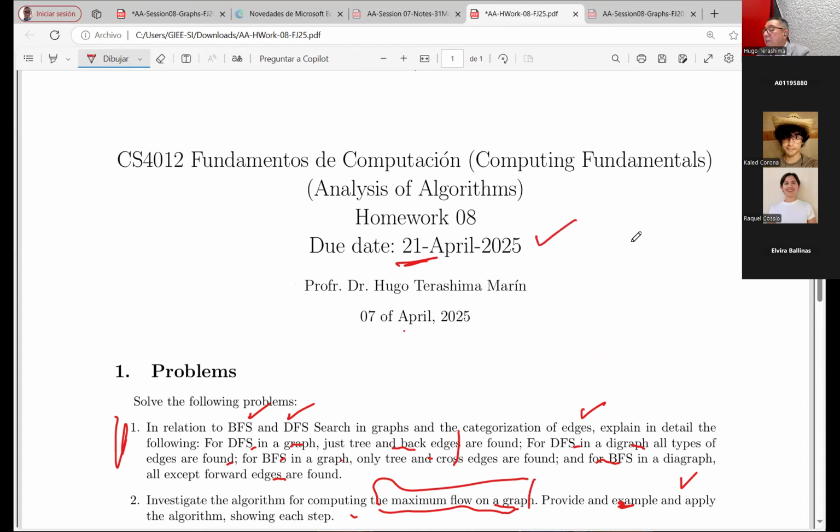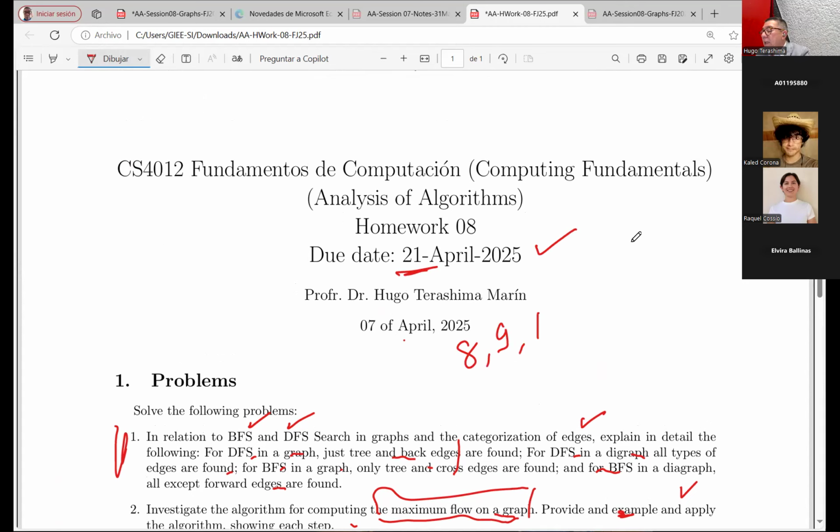So just check it out because homework 8, 9, and 10 are going to be due in May, 20 something. I don't remember, but it's there in Canvas. So just previous to the final exam. So that's the idea.